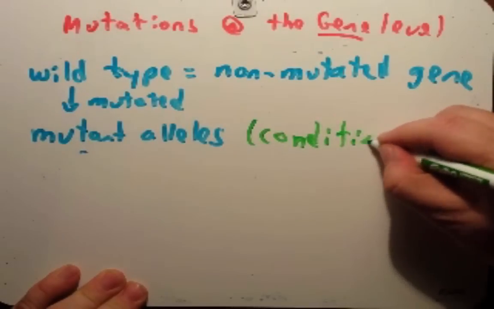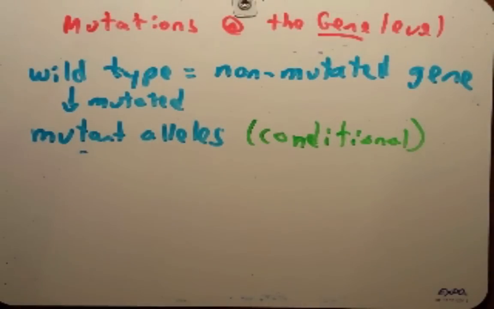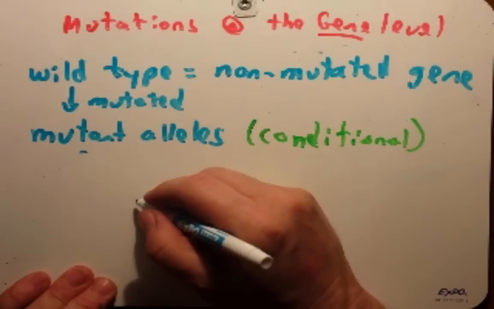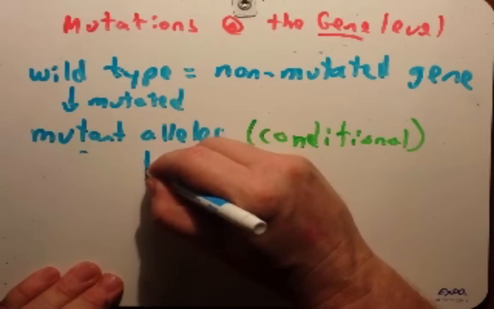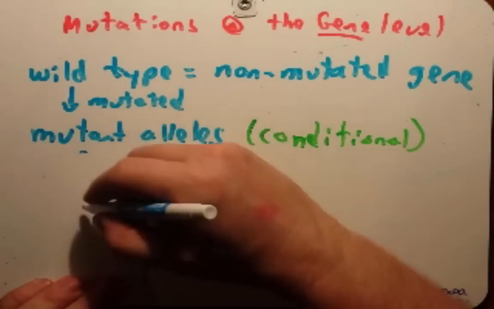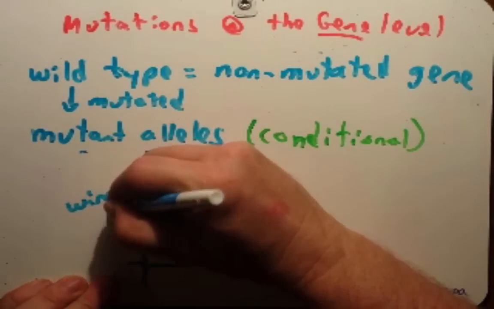is that at one temperature it behaves one way, at another temperature it behaves another way. And one of the classic examples is a fly that can fly versus a fly that can't. So let's just draw a graph here. And over here we're going to put wing development.